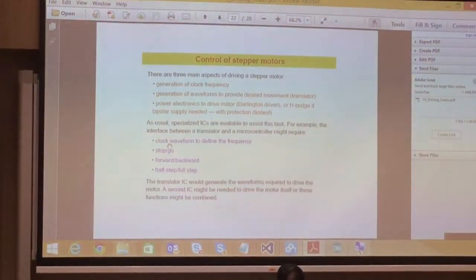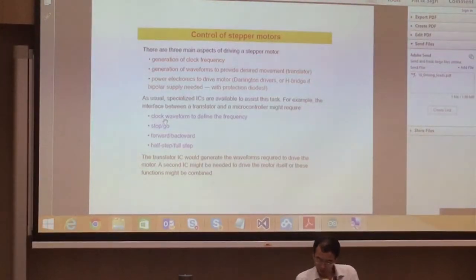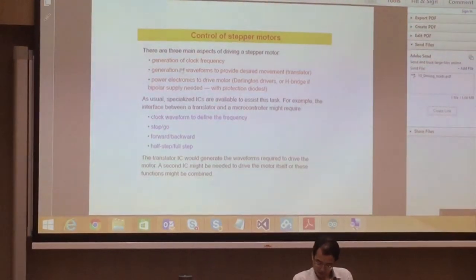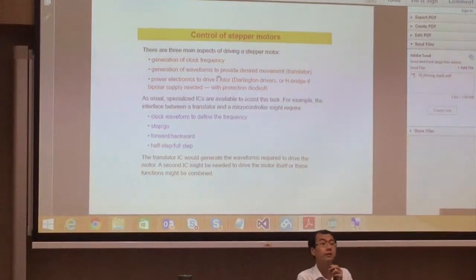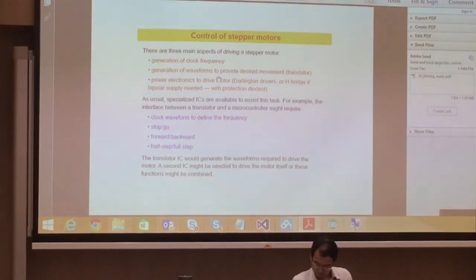Okay. So again, to control the stepper motor, you basically need to have the clock, and you need to generate the correct waveforms to provide the correct movements. And if you want to drive the motor, you need the components we discussed earlier.